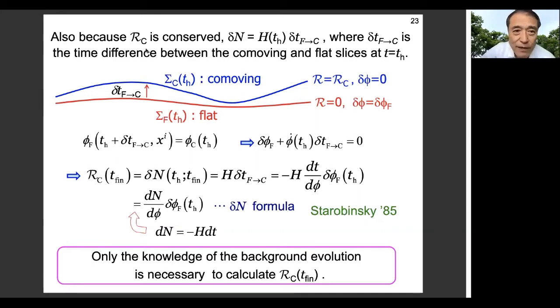So, for example, let me just write in this way. For the sake of computation, as I said, you compute the fluctuation phi in the flat slice, but let us prepare some comoving slice near the slicing, where the delta phi is 0, but you have non-trivial curvature perturbation.